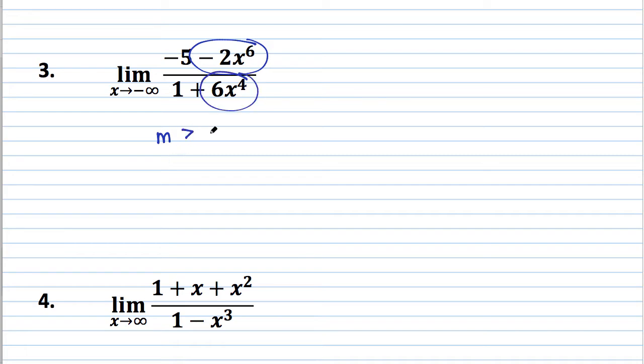So the numerator is a higher degree than the denominator. In this case, all I really need is to look at the signs of my denominator and numerator, because we know that this will go to some kind of infinity. We just need to know if it's positive or negative.